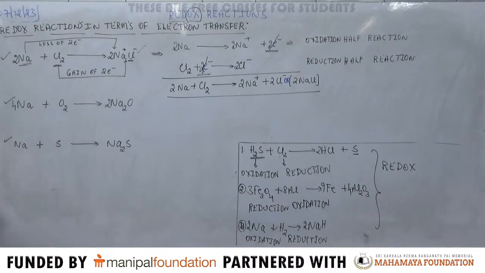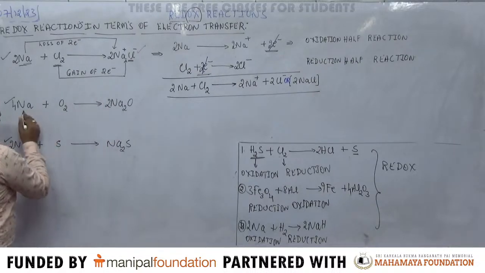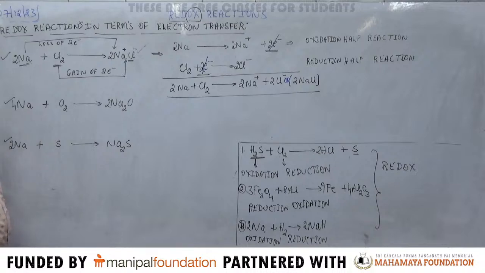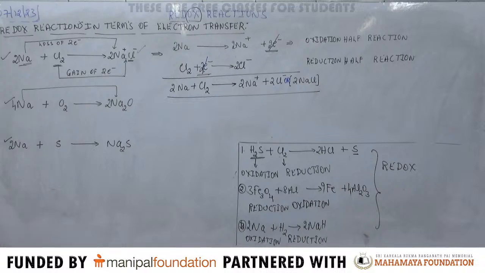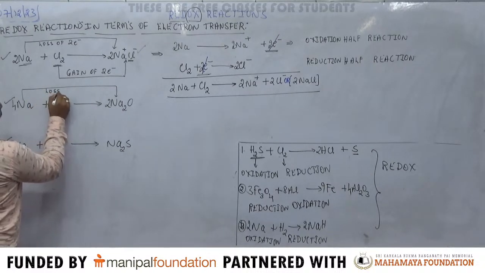Next equation, Na is a 2, 2 Na balanced. Now sodium is converted into sodium ion, so there is a loss of 2 electron, correct?